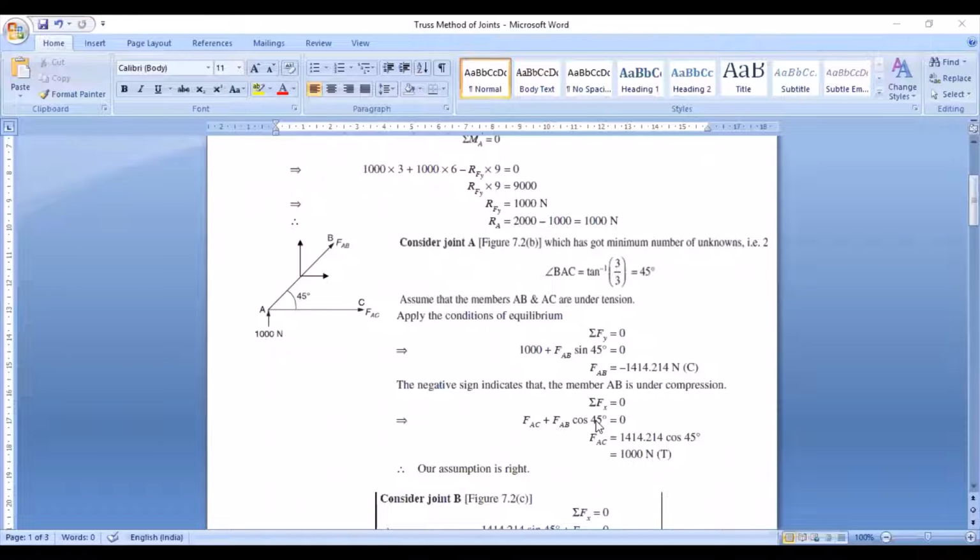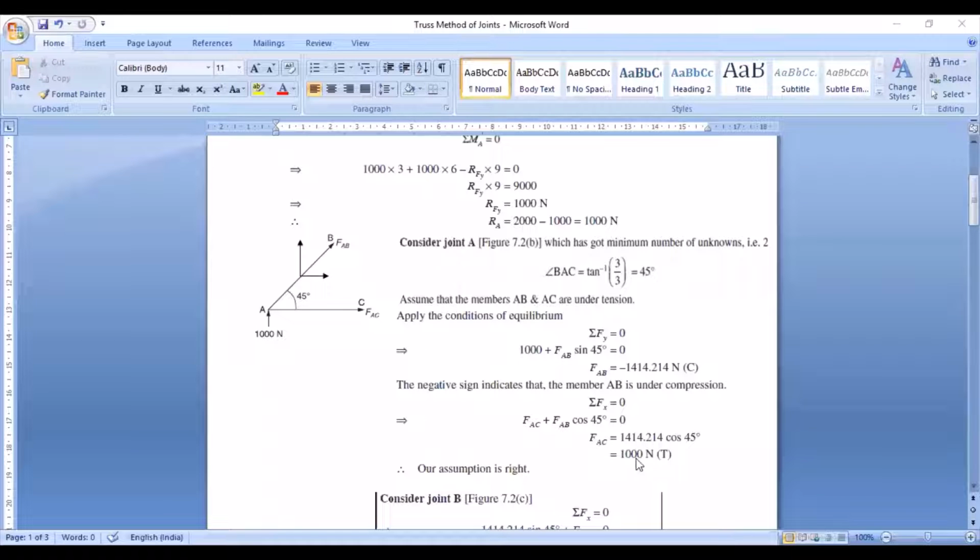Now, I have already calculated the value of FAB. And what is the value of FAB? It is minus 1414.214. So FAC minus 1414.214 cos 45 is equal to 0. Rearranging the terms, this minus 1414.214 cos 45 goes to the right, becomes positive.